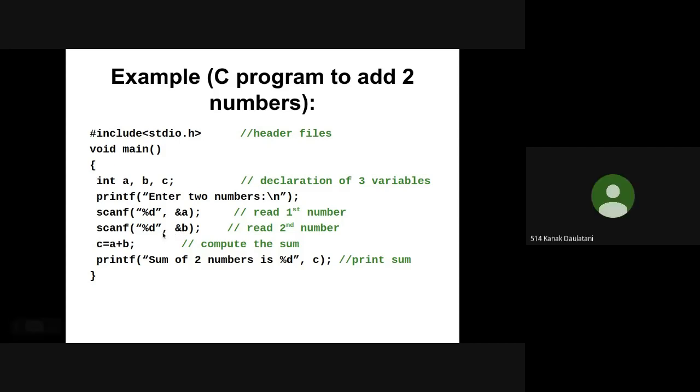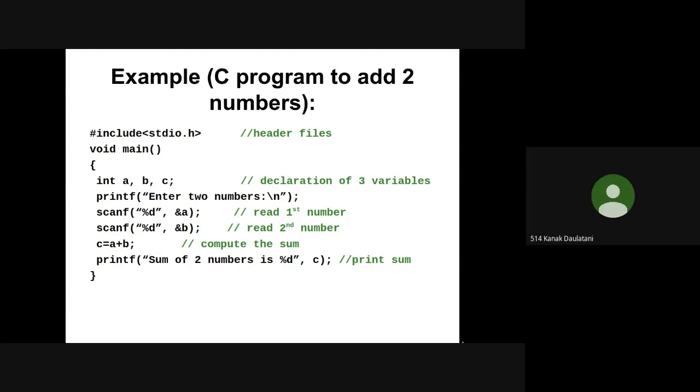So for the same program we can change the values. One time you run this program, suppose you are giving 1 and 2 for A and B. Next time you run the program, you can have the values 5 and 4. So you can keep on changing the values. But if you are using hard coded values, that is fixed values, A is equal to 10, B is equal to 20, then every time you run the program you will get 30 as the answer.